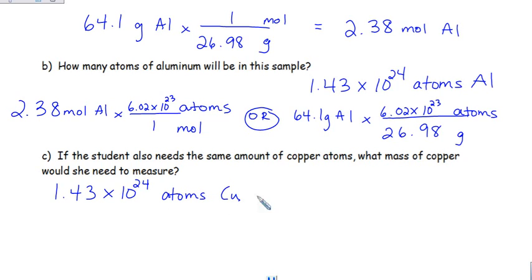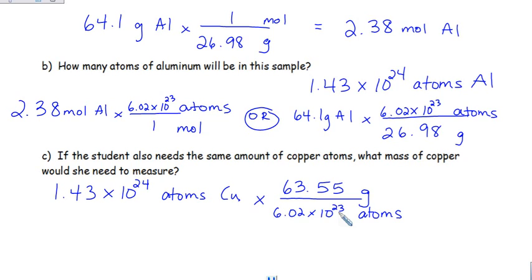And so now I could do a proportion to cancel atoms and switch it to mass, which would be in grams. Anytime I see mass in grams, I go to my periodic table, 63.55 grams. Anytime I see atoms or molecules, 6.02 times 10 to the 23rd. These quantities are both for a mole, so they're comparable. We can use them on proportions.